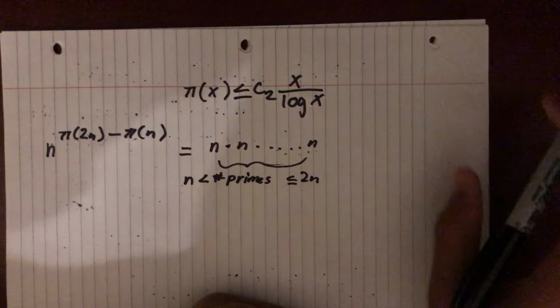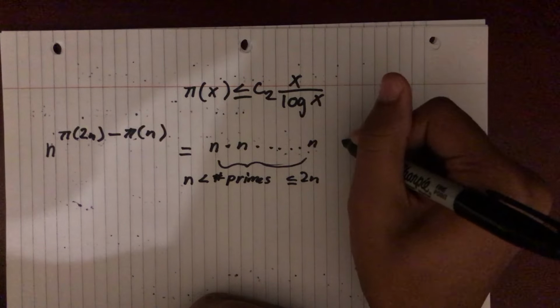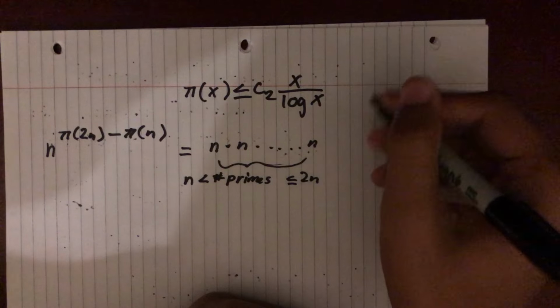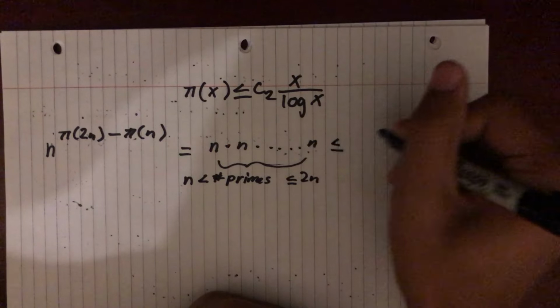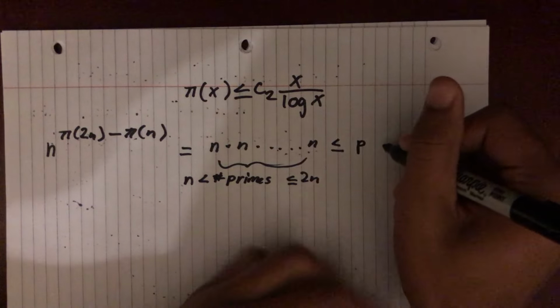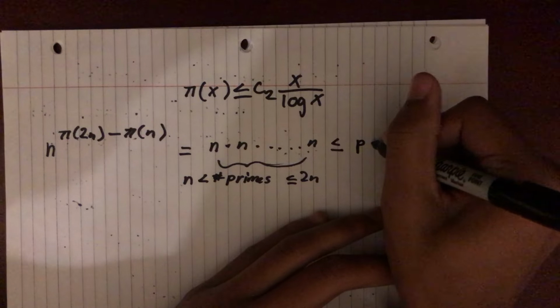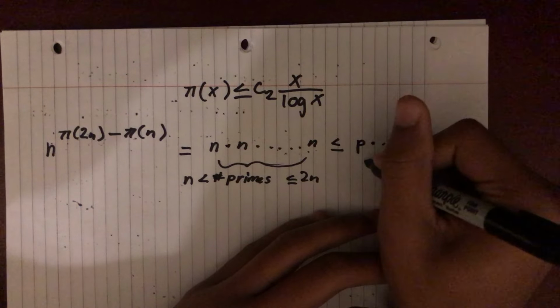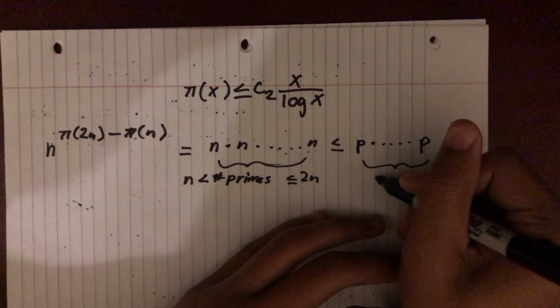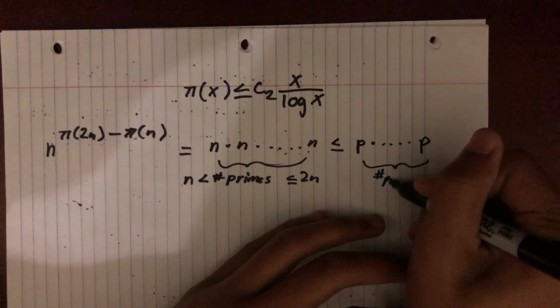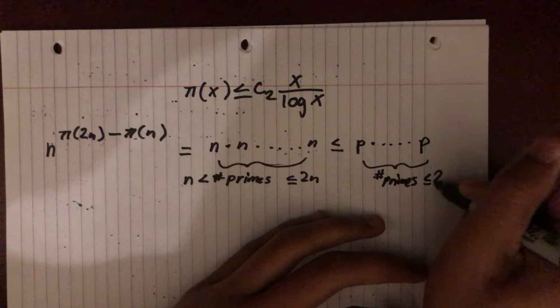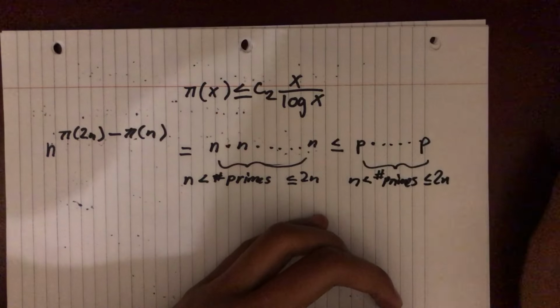And so really you can replace this. Your first prime that's bigger than n, the very first one, is already less than that prime, call it p, and it's the same number of times. It's like the number of primes between n and 2n many times.